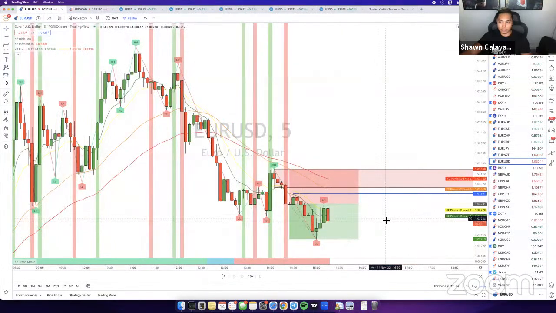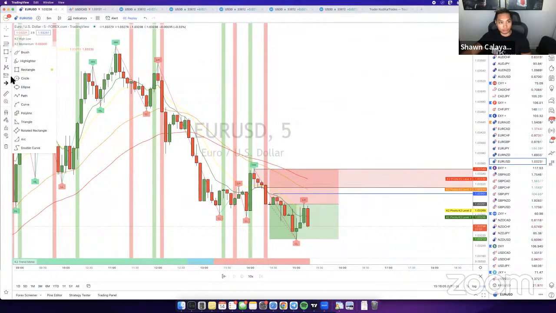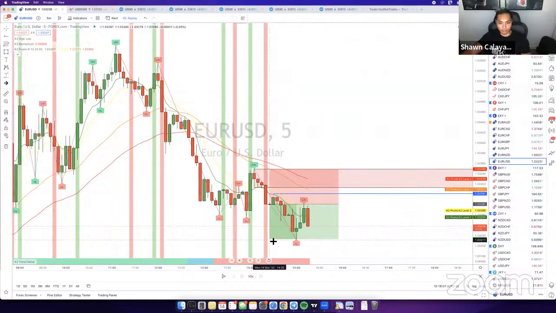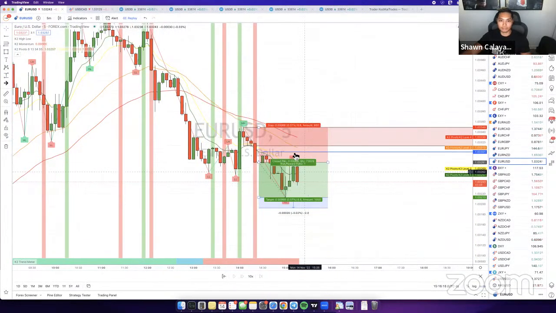So you'd be stuck in this position right here still, Becky. Looking at this right here, your entry would have been up here. So you actually would need to push down a little further, another 2 pips, to actually just get out. You'd be screwed in this trade because you'd be stuck in it because of the spread. You'd have to cover some profit here before you make some profit.